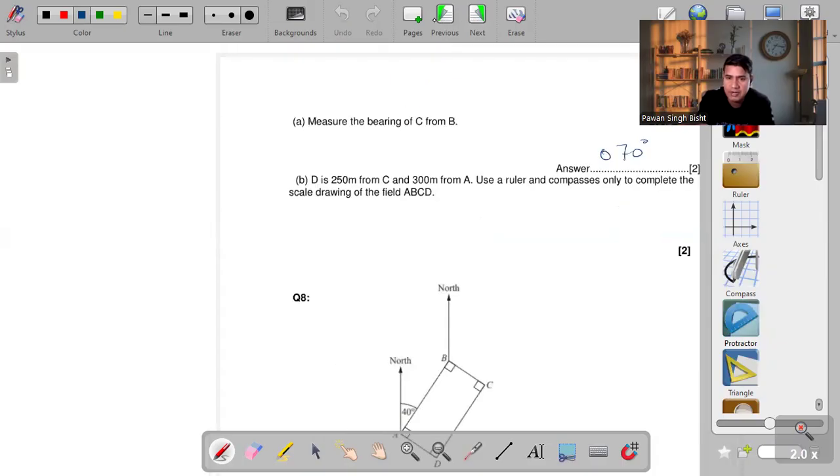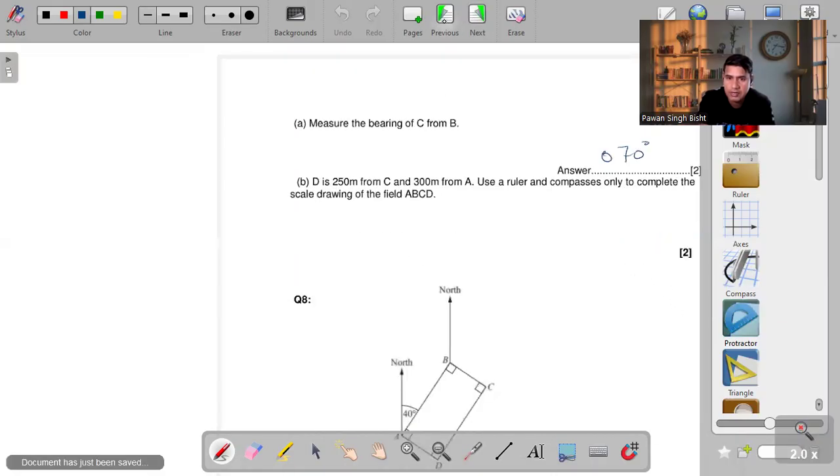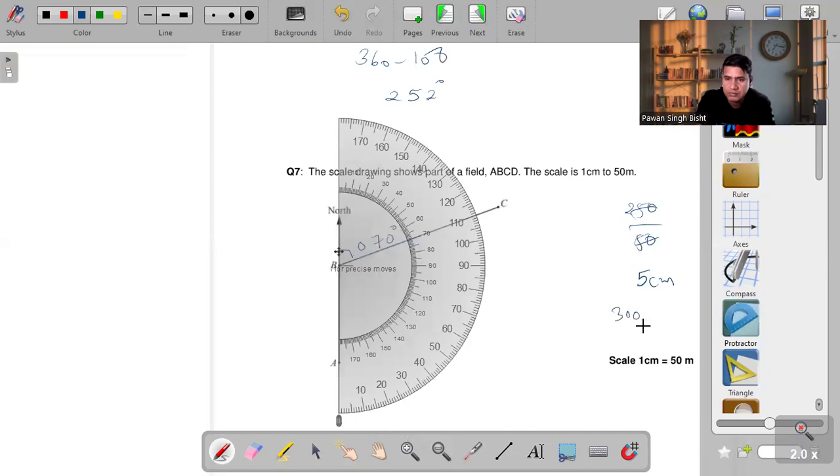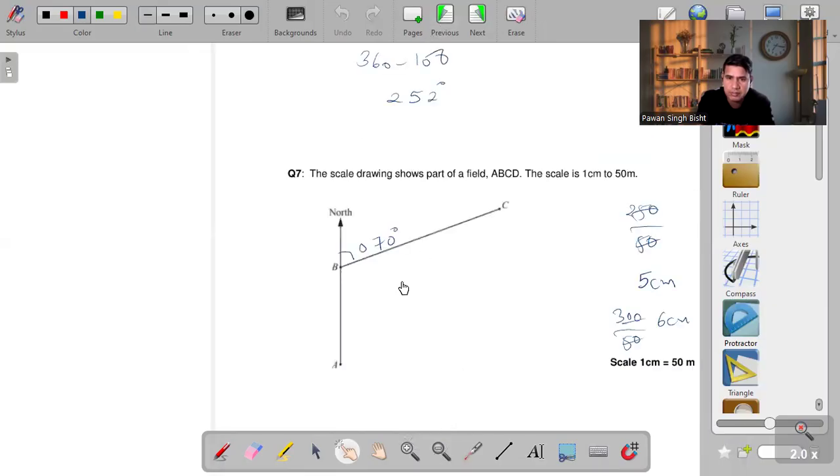And if I divide 300 by 50, we get 6 centimeters. So D is 250 from C, that is 5 centimeters, and from A 300, that is 6 centimeters.